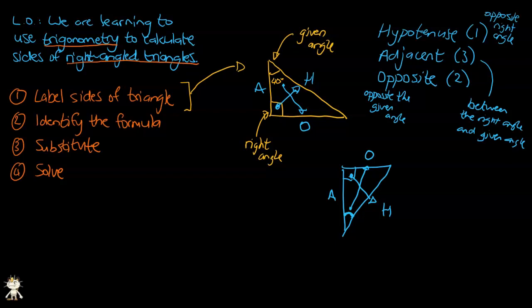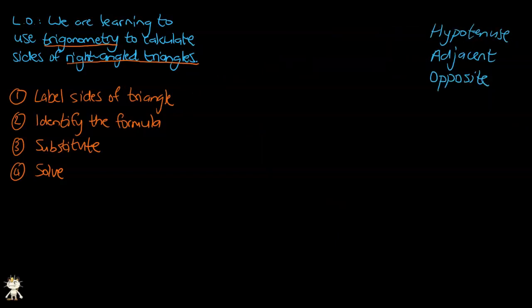We've looked at the first step. We're now going to figure out how I can use this information to identify the formula that we're looking into. Okay, so we're now looking at the formula, and there are 3 formulas that we need to know about. A common abbreviation that people use to remember the formulas is SOH CAH TOA.